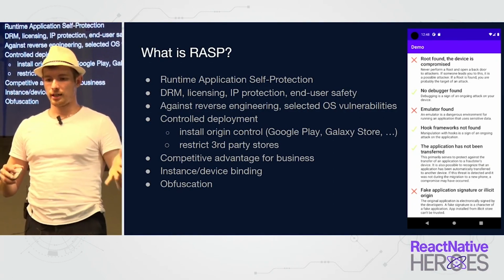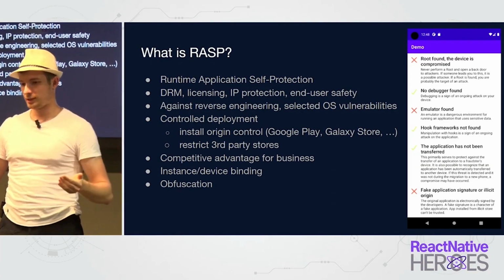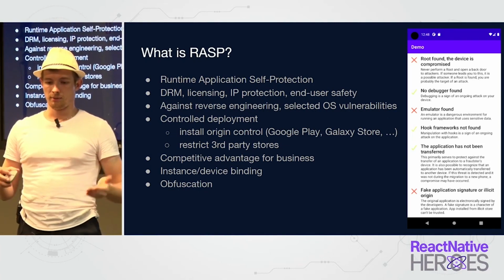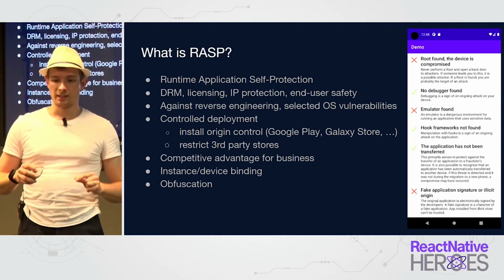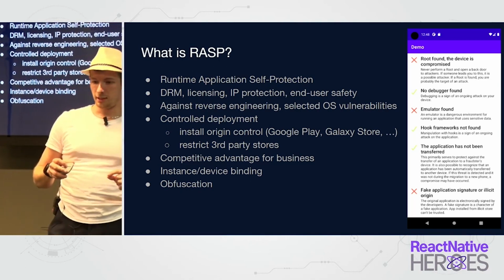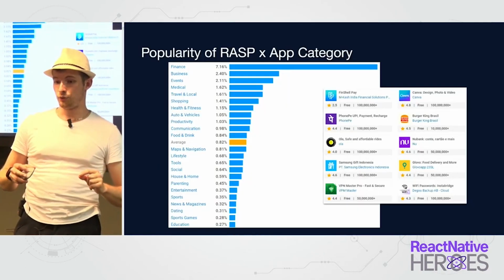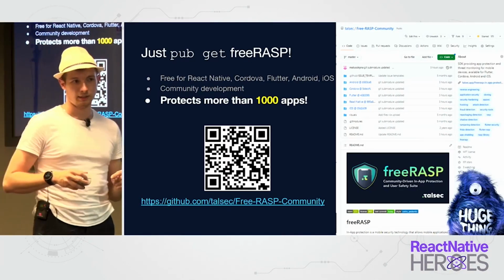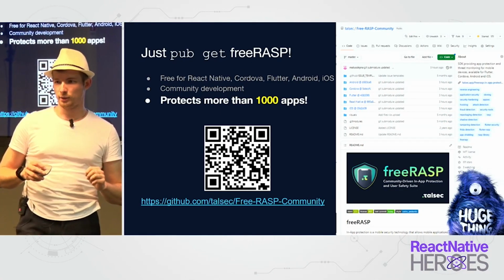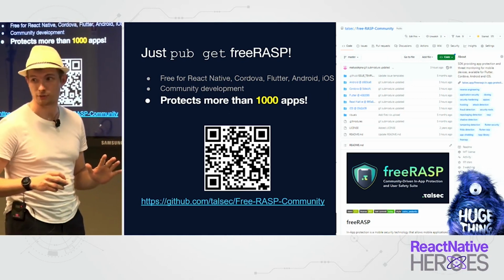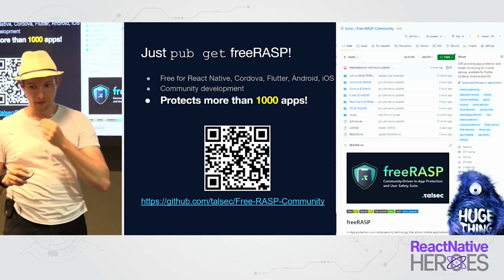It's used for DRM licensing, IP protection, as I said, and most importantly, it used to be really costly. So what you will see today is freeRASP. Has anyone of you heard about freeRASP already? It's 3 months old, so I think that's quite okay.